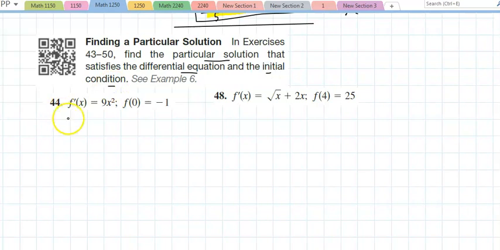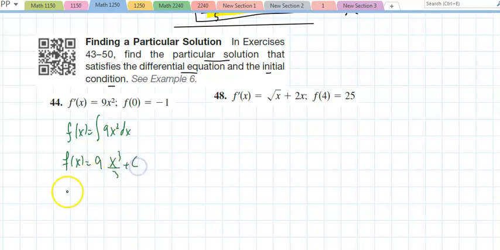A lot of fancy terms. We're just gonna figure out that f of x, if you have a derivative, f of x is the integral of 9x squared with respect to x. F of x is actually 9, add 1 to the power, divide by that plus c. F of x is 3x cubed plus c.